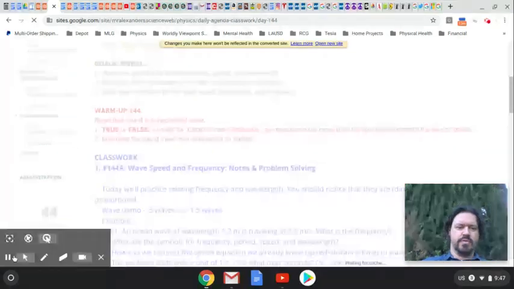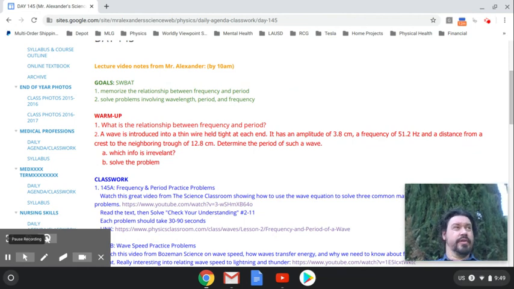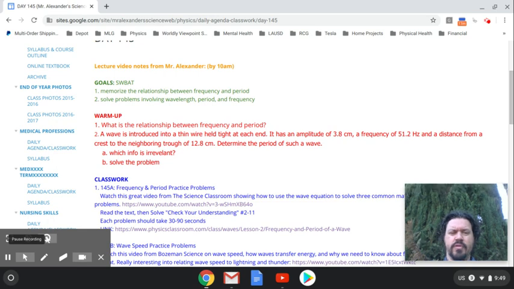Okay, sorry, computer difficulties. So we go and look for the wavelength, we know the amplitude, we know the frequency.